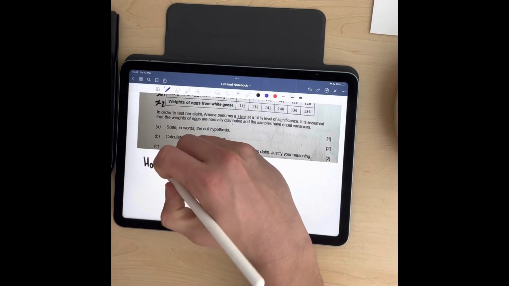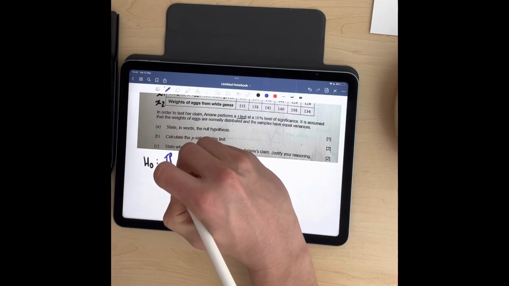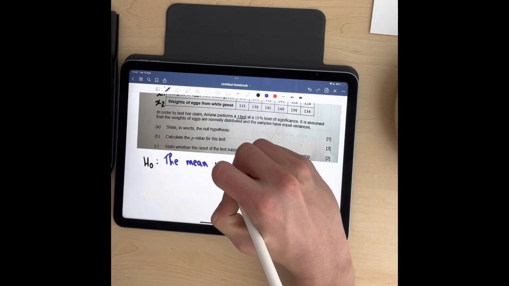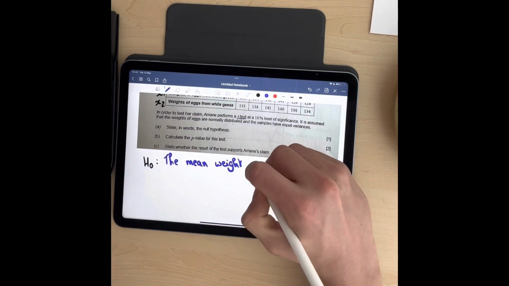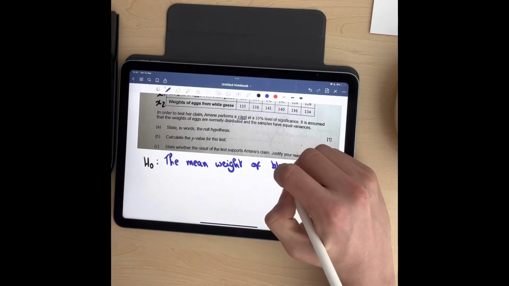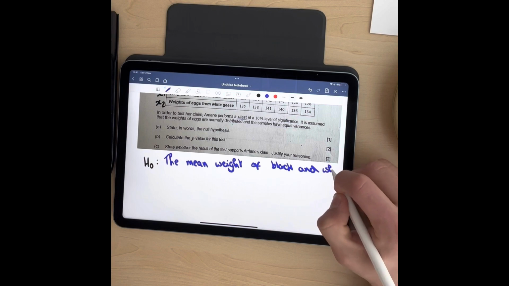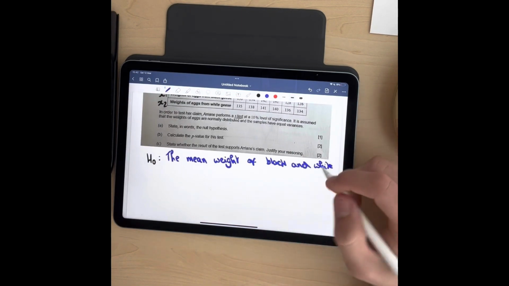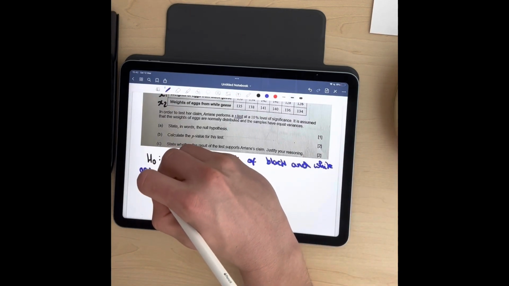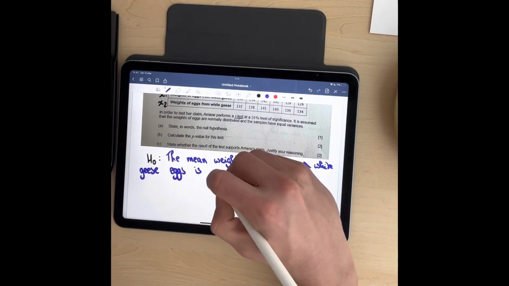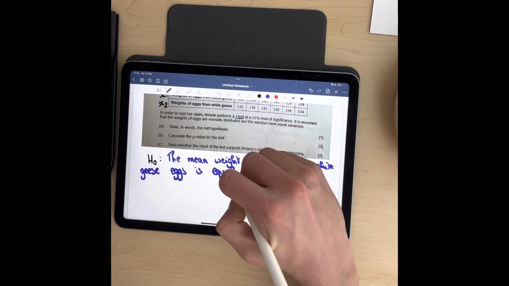So we go here and rewrite: the mean weight of black and white geese eggs is equal, right?